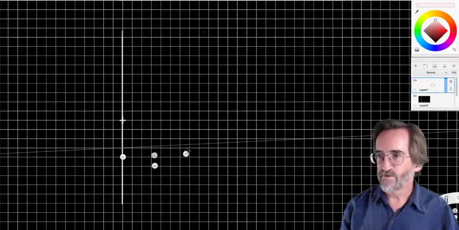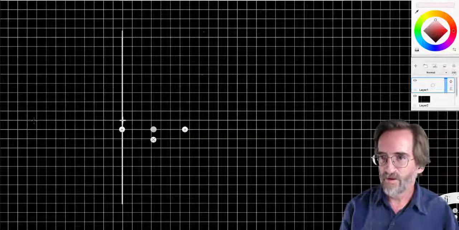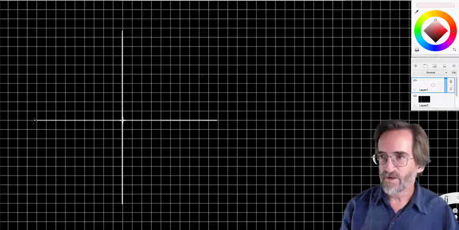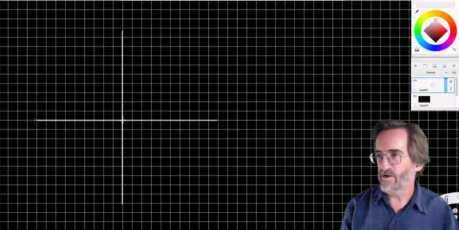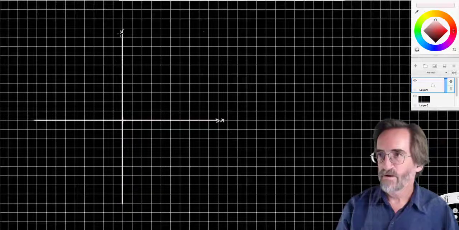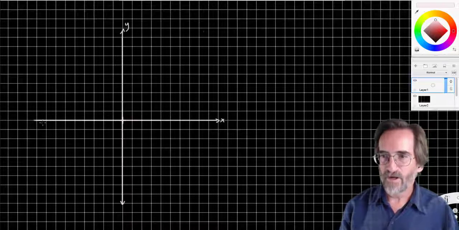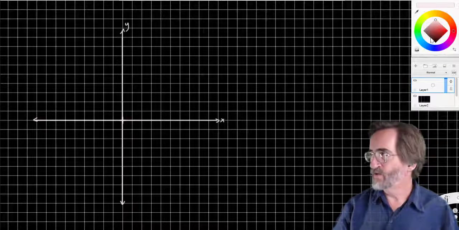X-axis goes left and right. Positives go right, negatives go left. Y positives go up, negatives go down.